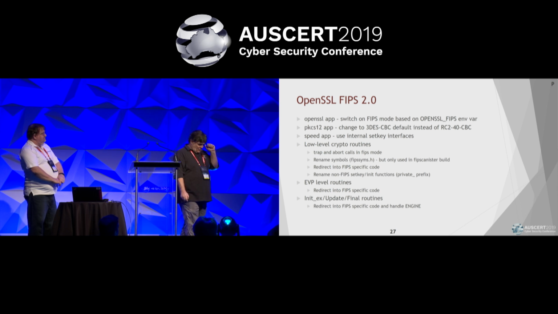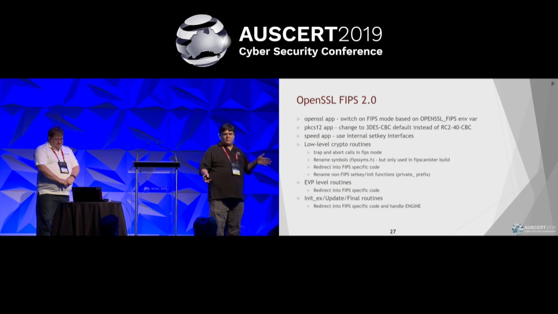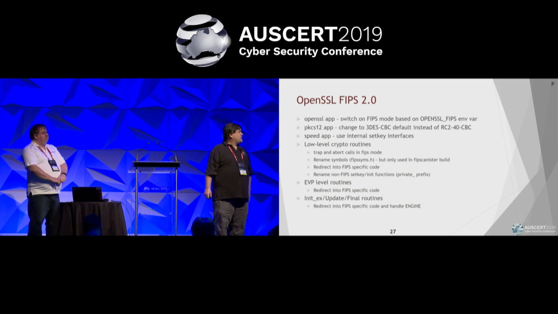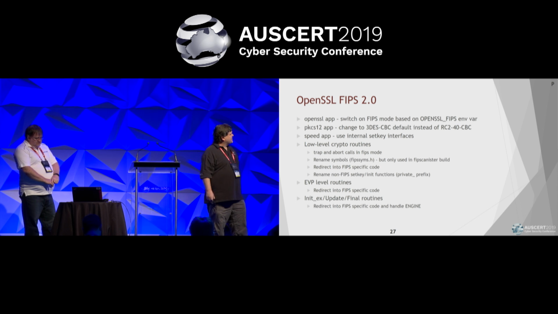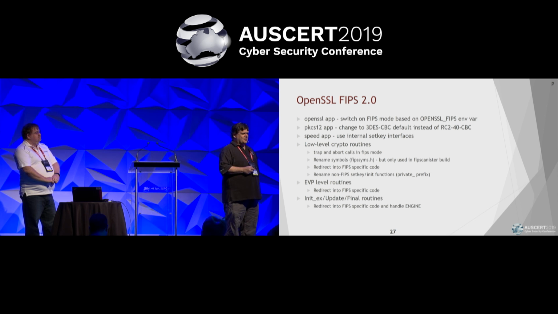Now, beyond the library, OpenSSL ships with some applications. They needed to change as well. The main application checks an environment variable to say, am I in FIPS mode? Yeah, that's perfectly reasonable. I'm happy with that change. The PKCS12 app needing to change because of FIPS? FIPS doesn't do PKCS12.